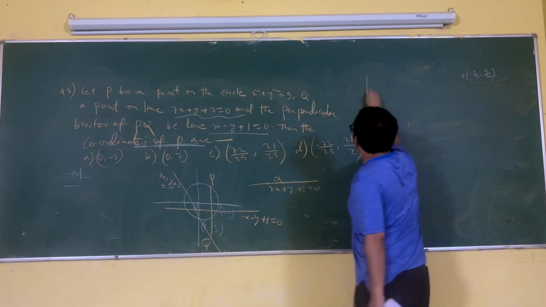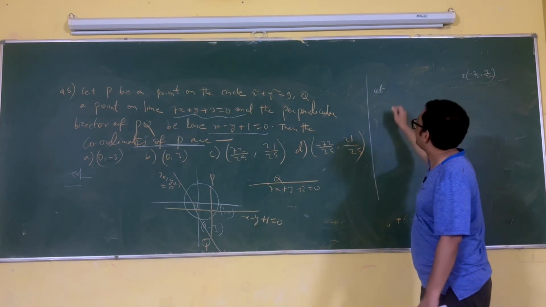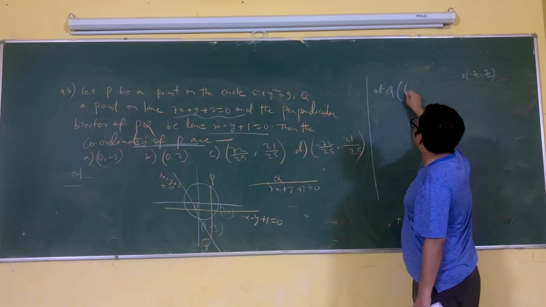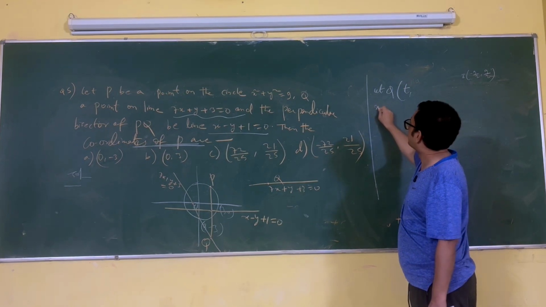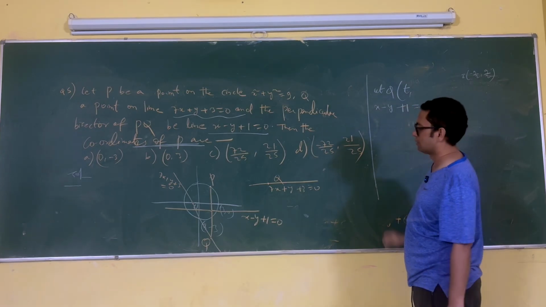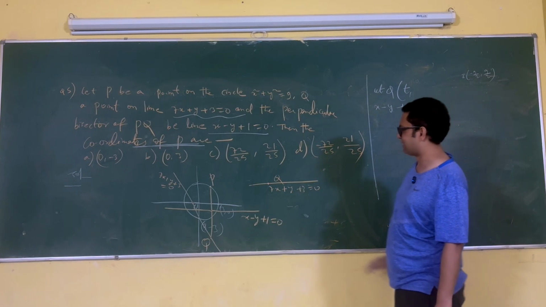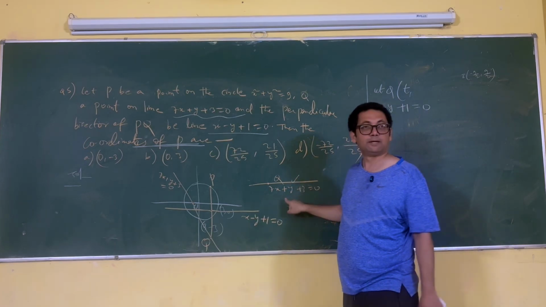So suppose you take Q as the point T comma. No, this is a different line. Q lies on this line. Okay.